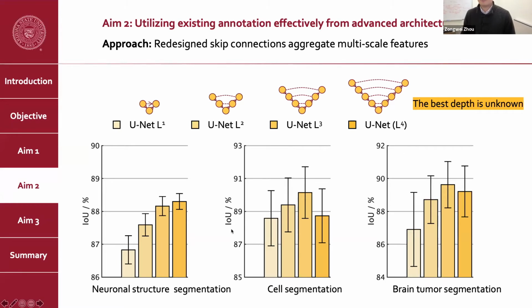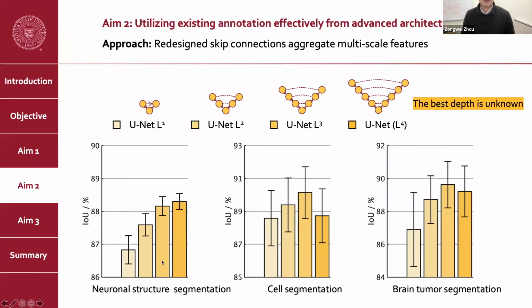We tested on 3 different medical applications: neural structure segmentation, cell segmentation, and brain tumor segmentation. The result shows it is inconclusive which level of image feature contributes the most for different applications.